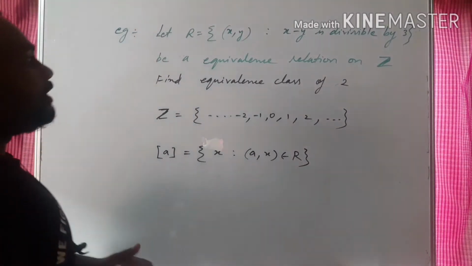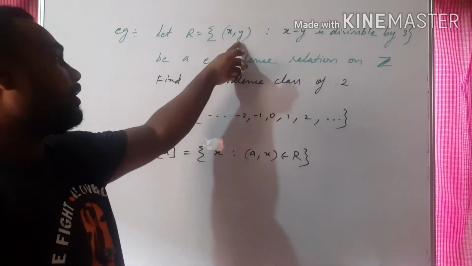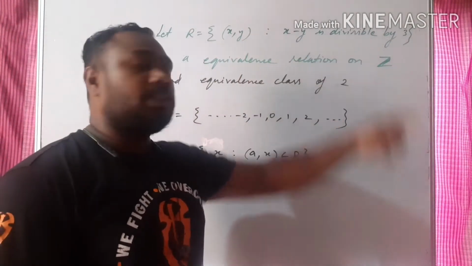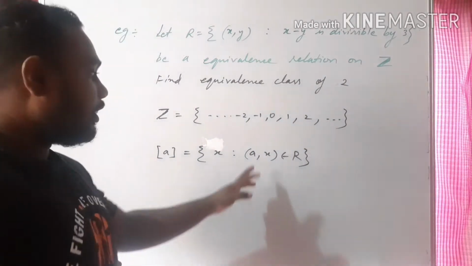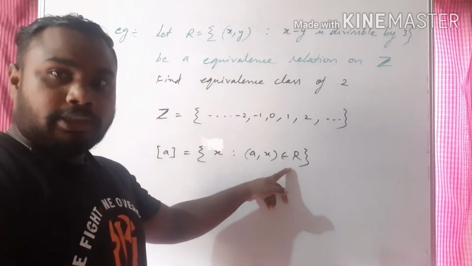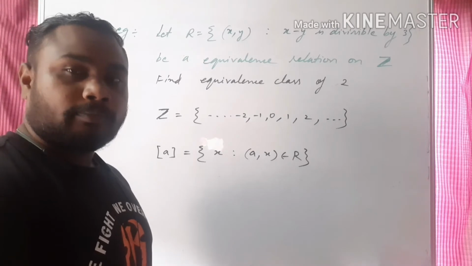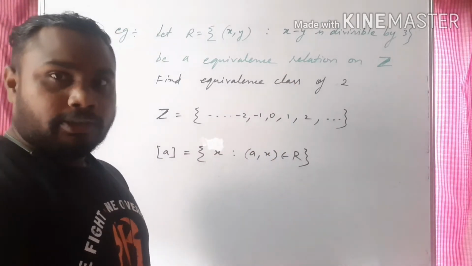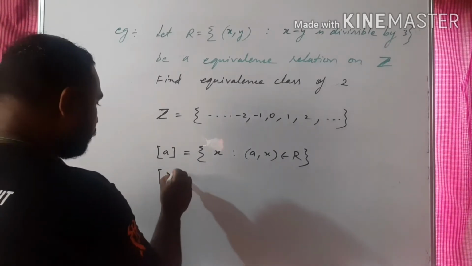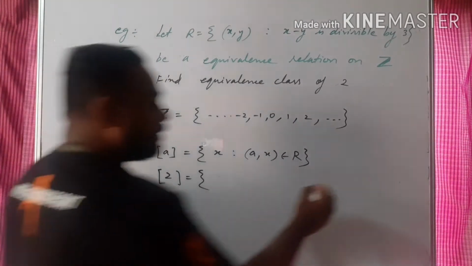In our relation, (x, y) will lie in the relation only if x minus y is divisible by 3. So (a, x) will belong to the relation if their subtraction is divisible by 3. If I want to find the equivalence class of 2, I will have to see those elements.